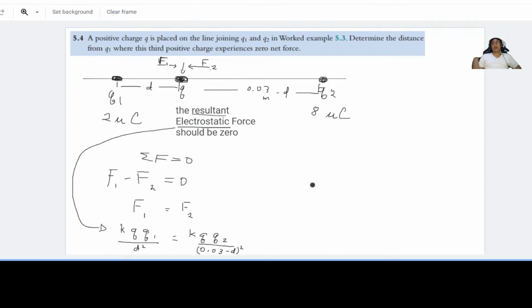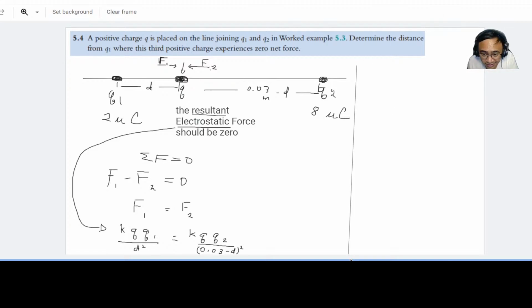You can use that, but using that would basically mean you're going back to this, because the electric field equation is based on the force equation. I'll show you what I mean.